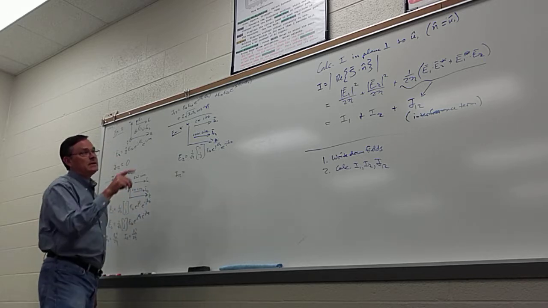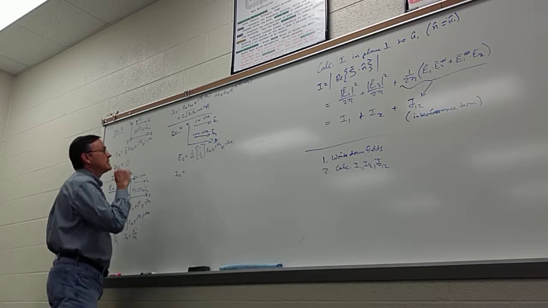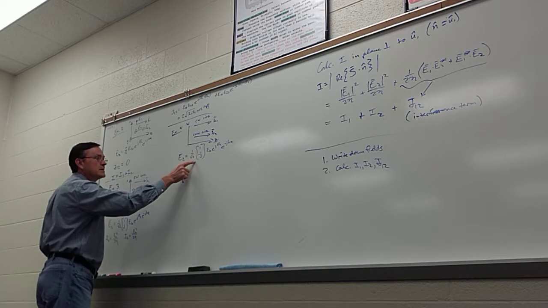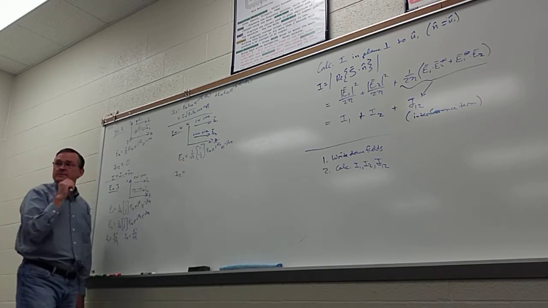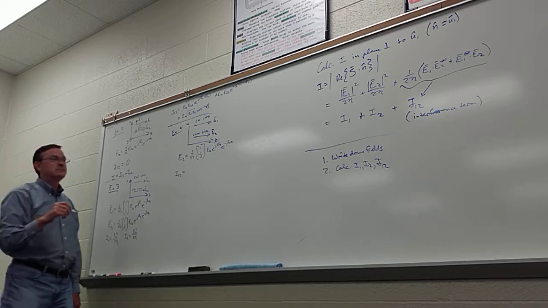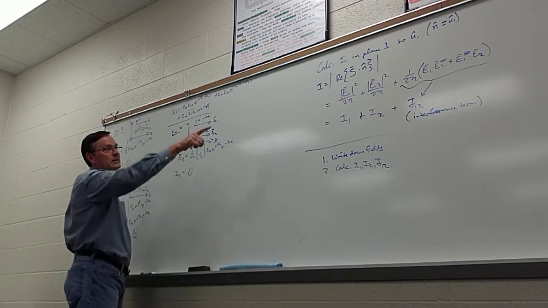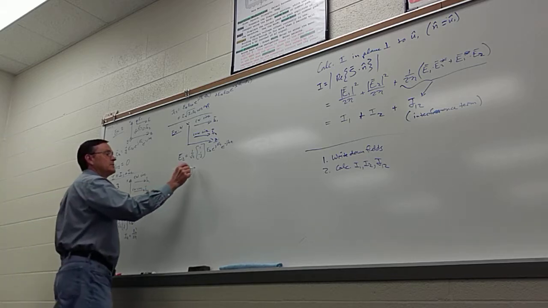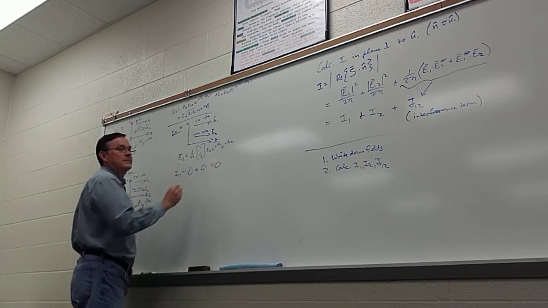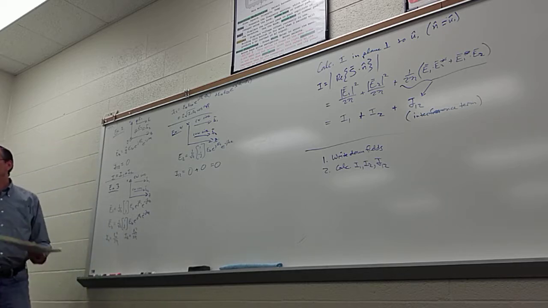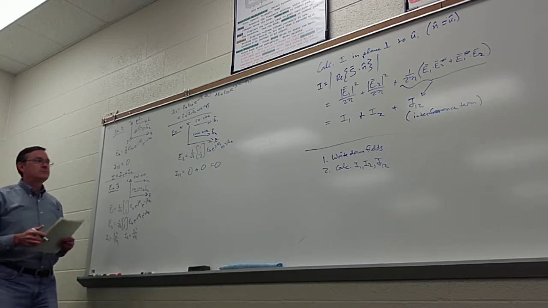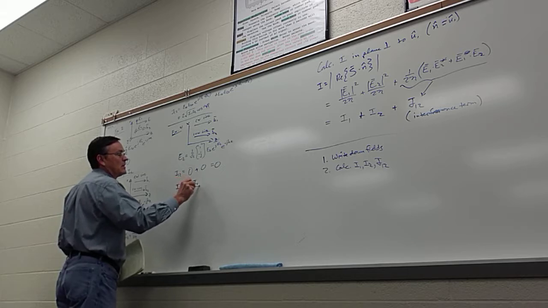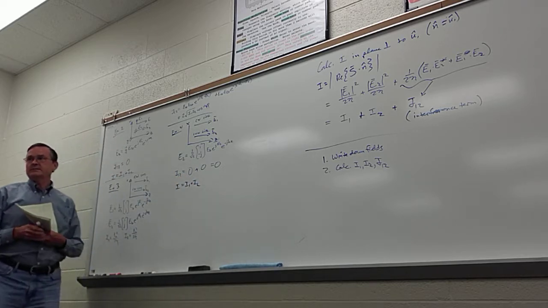So I have E1 dotted into E2 complex conjugate. So I've got this dotted into the complex conjugate of that. What does that give me? 0. And then E1 complex conjugate dotted into E2 gives me another big fat 0. The interference term is 0. The total irradiance is just the sum of the individual irradiances.